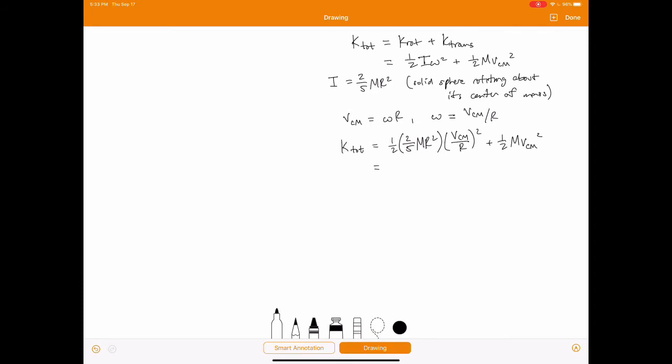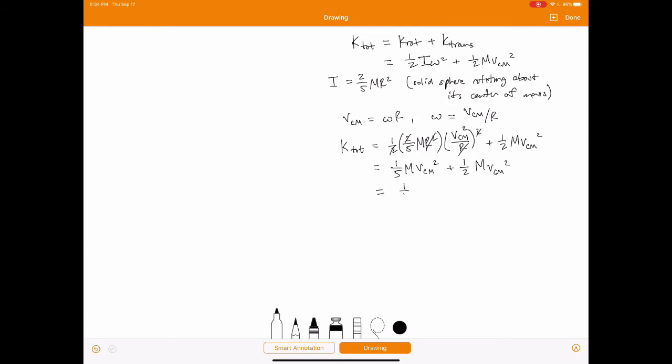Okay, so the first term can be simplified quite a bit. Cancel out the factors of 2, also the factors of r squared. So we're just left with V_CM squared and a factor of 1/5 and m out front. So 1/5 times m times V_CM squared is added to 1/2 times m times V_CM squared.